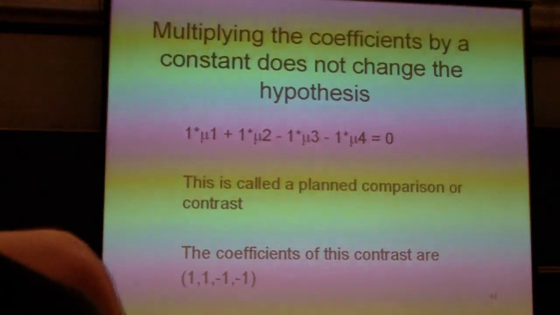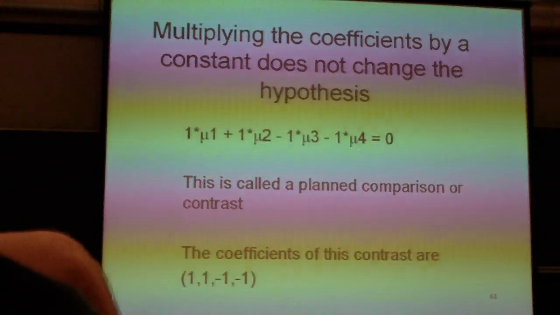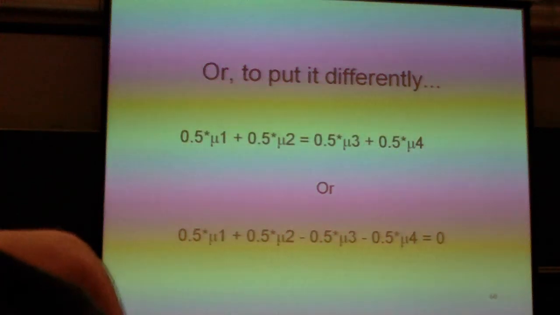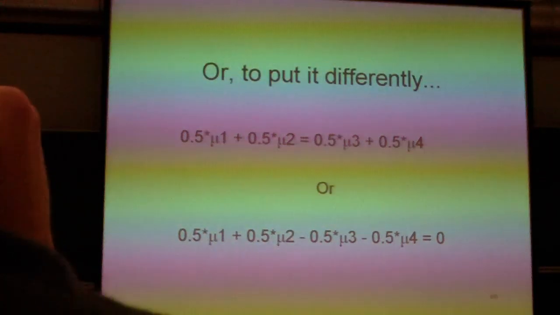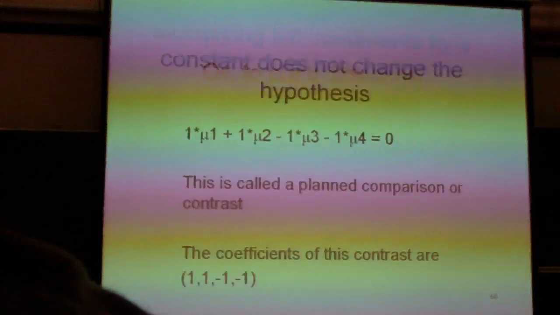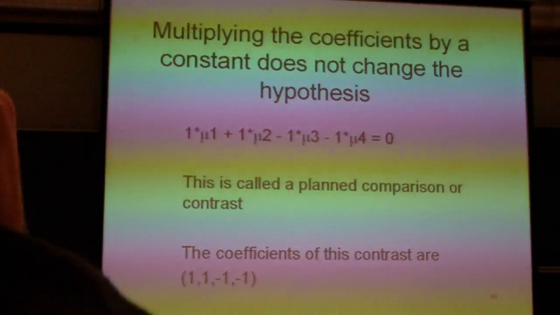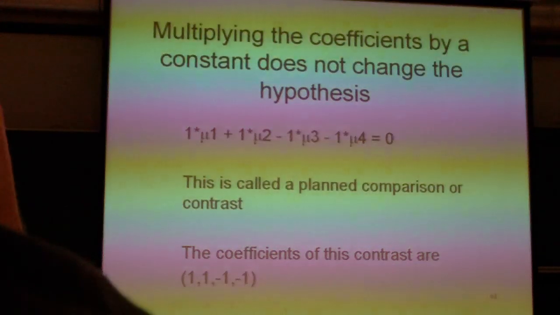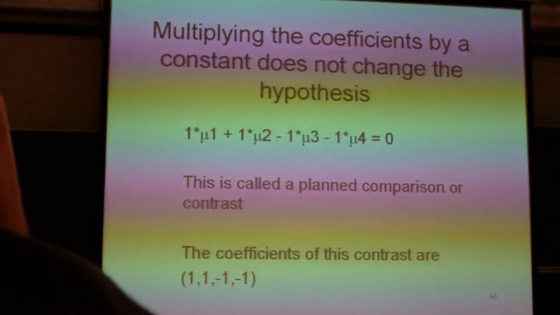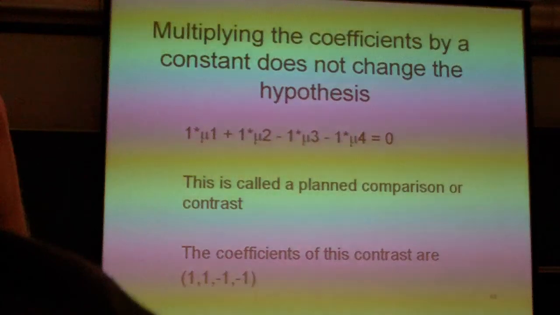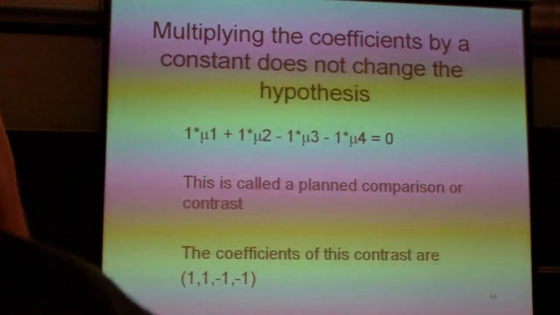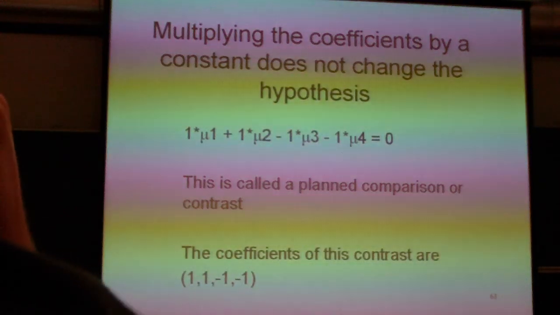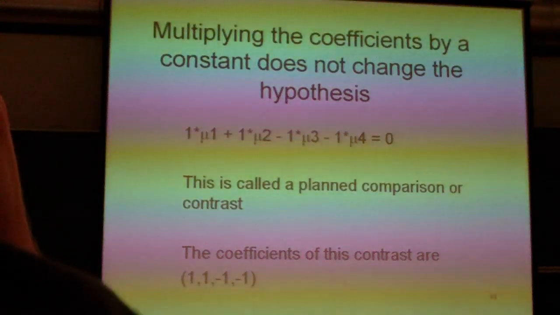If I multiply these coefficients, which are now 1/2, 1/2, minus 1/2, and minus 1/2, by any constant, it does not change the hypothesis. So if I multiply these coefficients by 2, I get as the new coefficients plus 1 times mu1, plus 1 times mu2, minus 1 times mu3, minus 1 times mu4 equals 0.